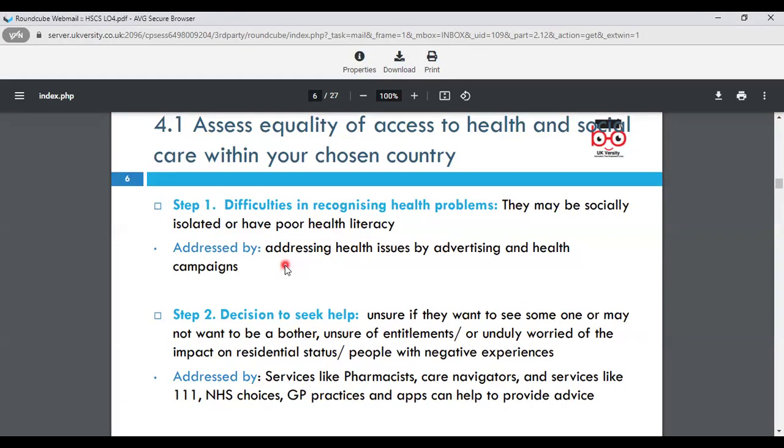This can be addressed. Or they might have poor health literacy. They might not be able to speak the language. They might not understand their symptoms that are happening with them. So how is this addressed? You can address these health issues by advertising and making more use of health campaigns.